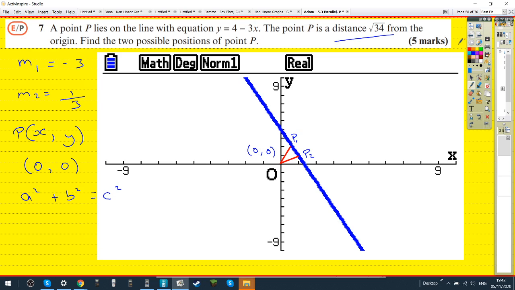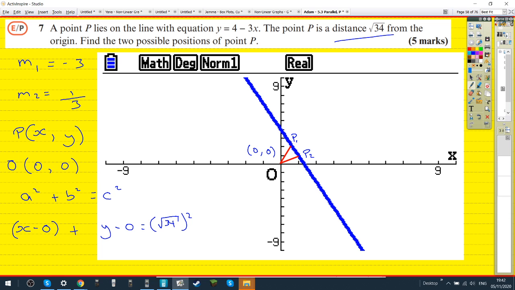But you'd have another coordinate to take it away from, so it would be x minus 0, plus y minus 0, equals root 34 squared, which is just 34.